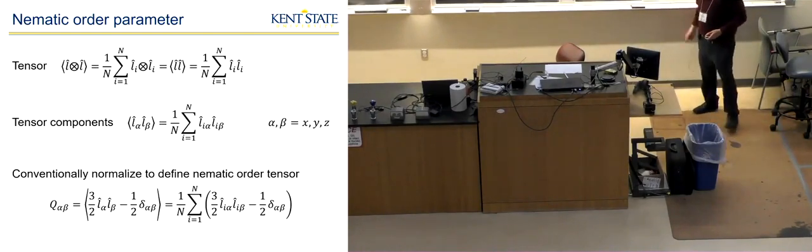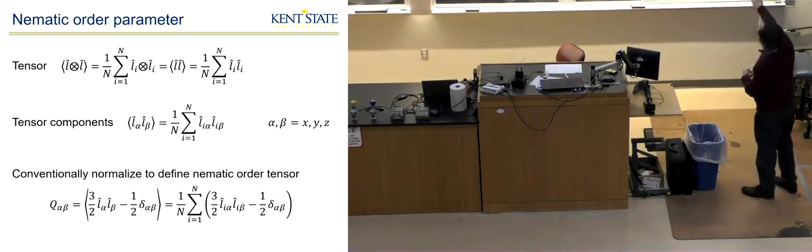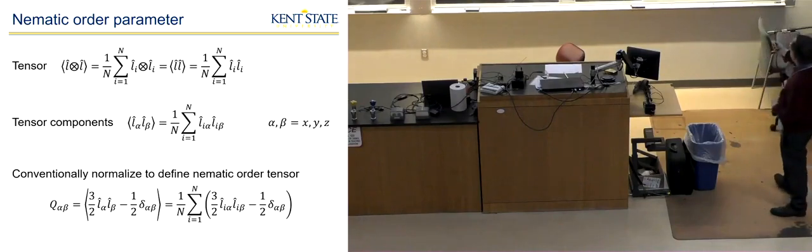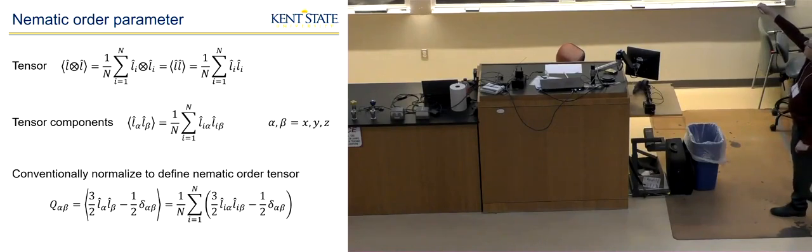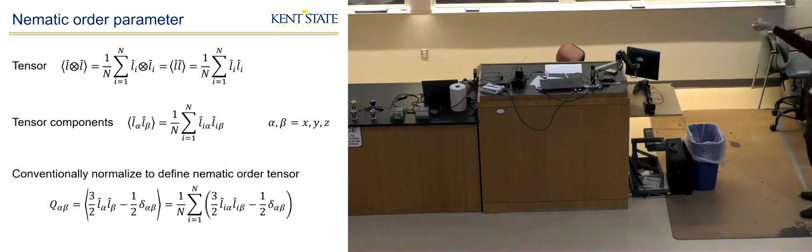So this thing on the board is the same as what's written up there: the 3/2 of this tensor product minus 1/2 of this identity tensor, averaged. So you calculate the tensor and then average the tensor.